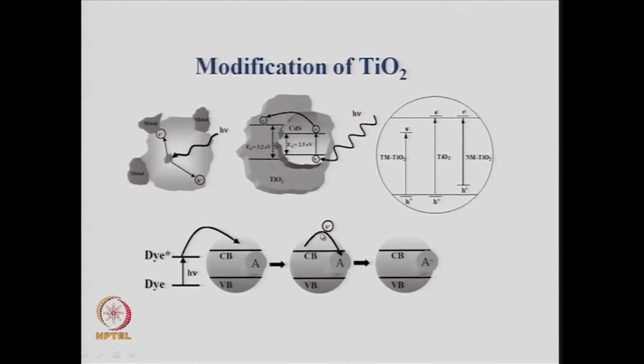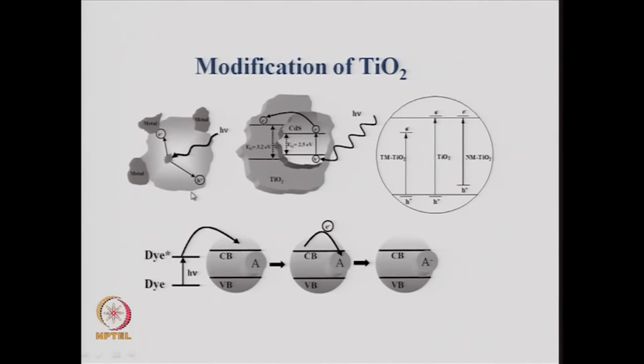So, from the conduction band of TiO2, the electron can be accepted by say an acceptor, and that acceptor will get reduced. So, A will get reduced to A minus because the electron will be transferred from the conduction band of TiO2 to the acceptor.